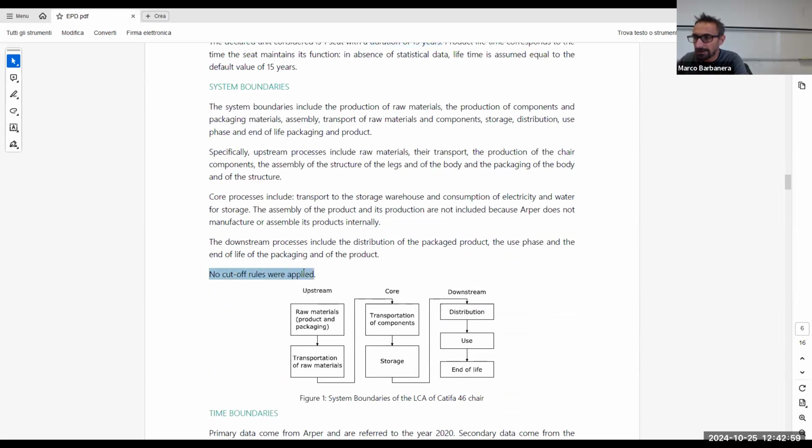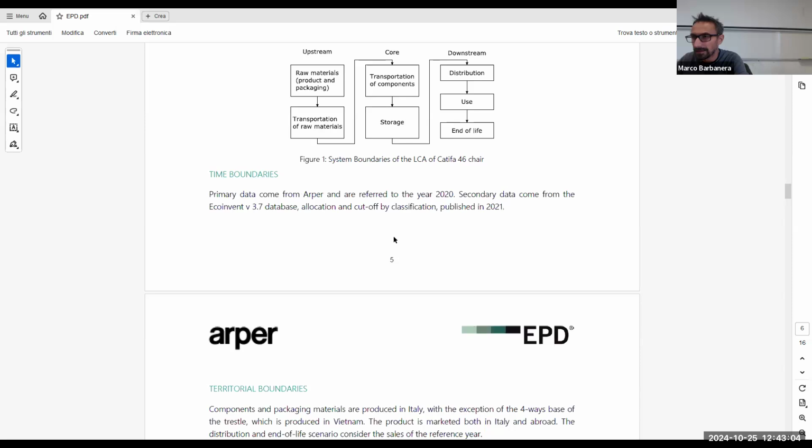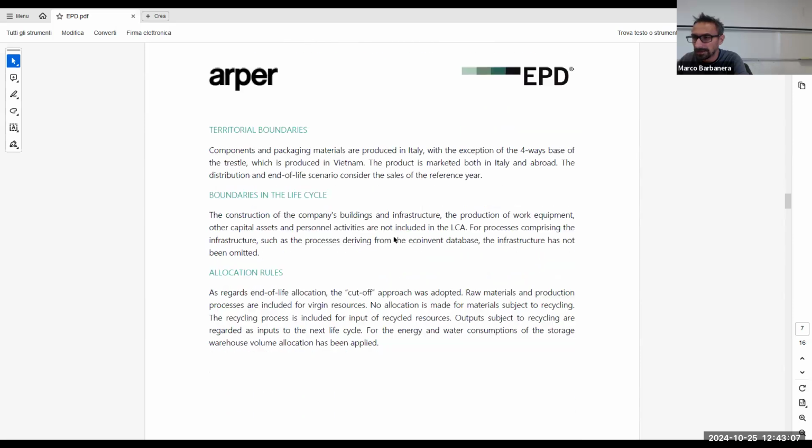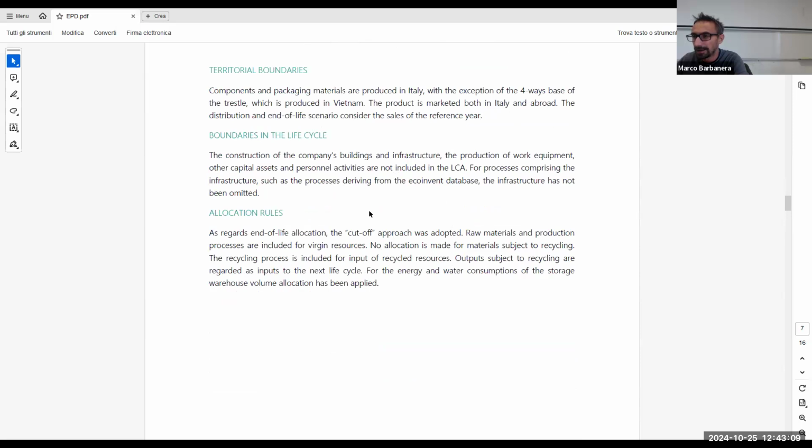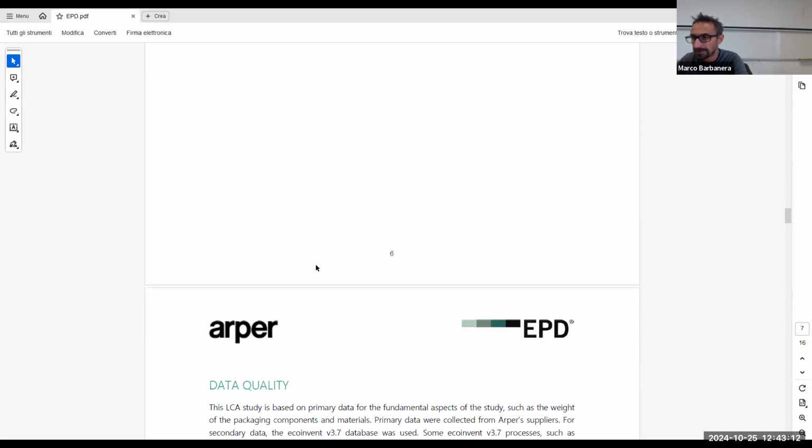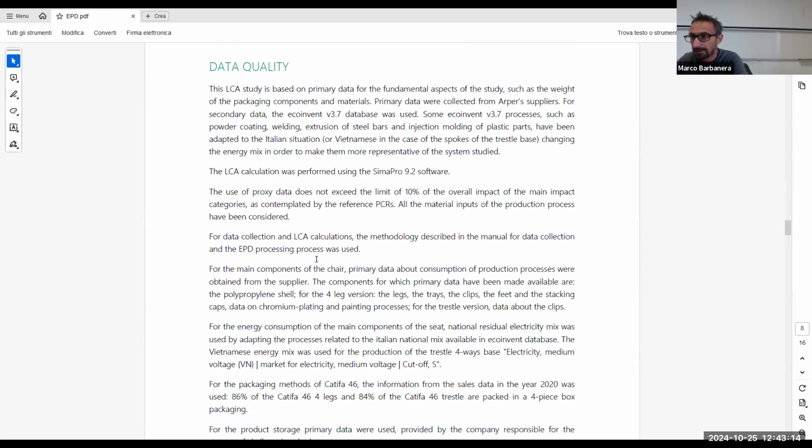In this case, for example, no cutoff rules were applied. So you have the other hypotheses, the allocation rules, the definition of the data quality requirements in accordance with the product category rules. In this case, the LCA was performed using the SimaPro software. As reported in the PCR, the use of proxy data does not exceed the limit of 10% of the overall impact.